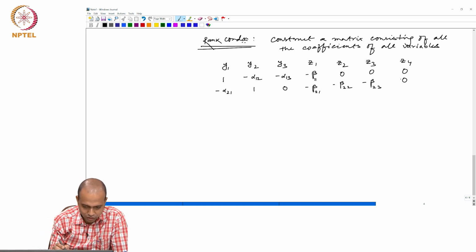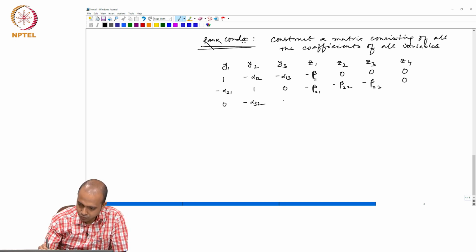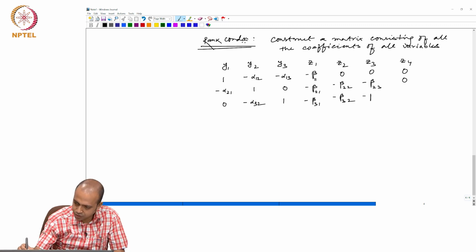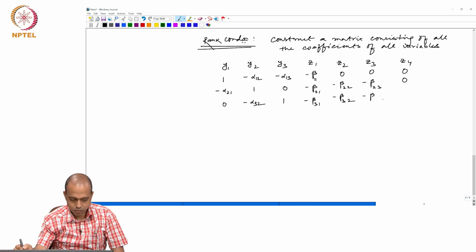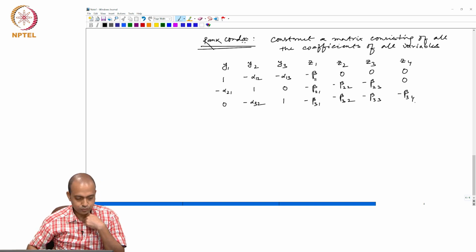Then for the third equation, I have no y1, I have only minus alpha 3 2, then I have y3, then minus beta 3 1, minus beta 3 2, minus beta 3 3, then minus beta 3 4.